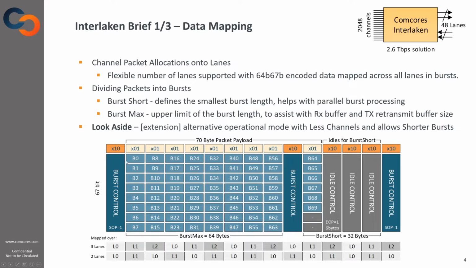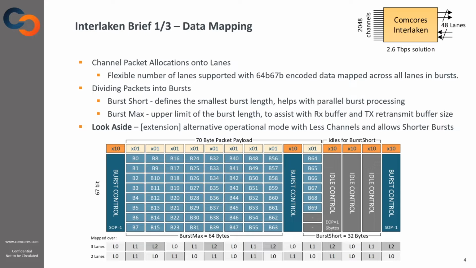And in the burst control, there are specific bits that have information about the burst, but I'll get into that later. It's followed by data, and after the burst max is reached, there will be another burst control word that indicates data for the next burst. And once we fill all of the data, we'll start padding it with fill bits.